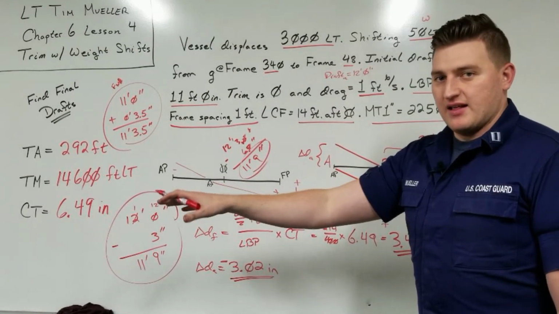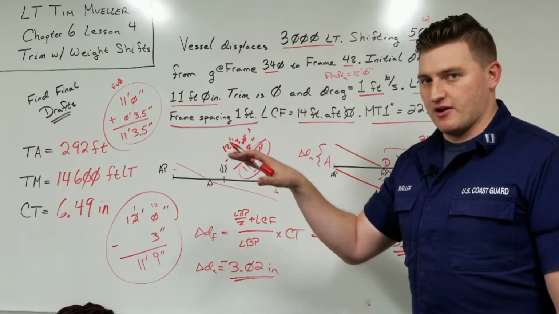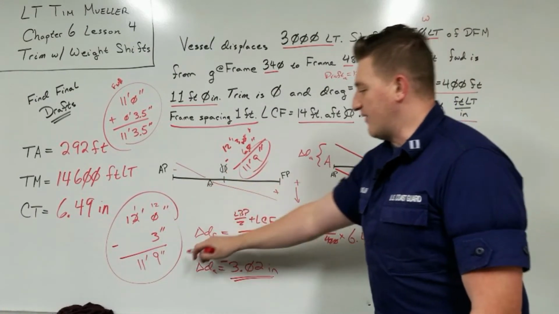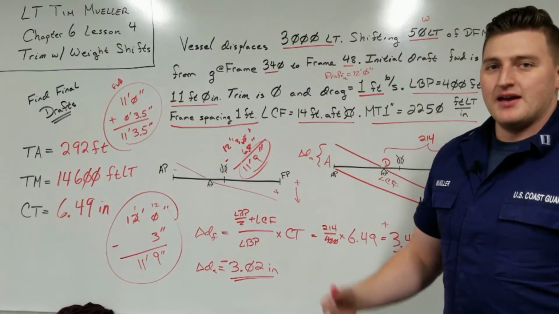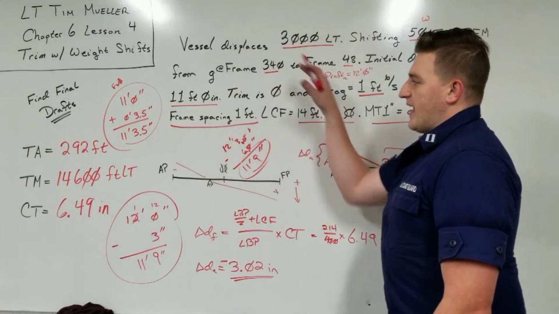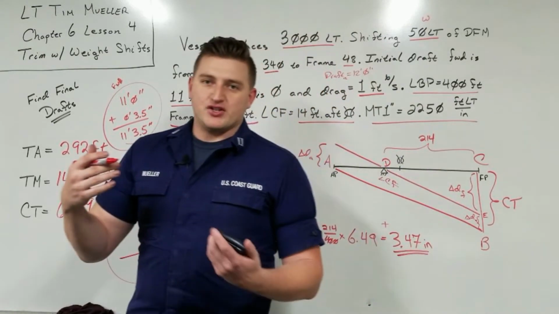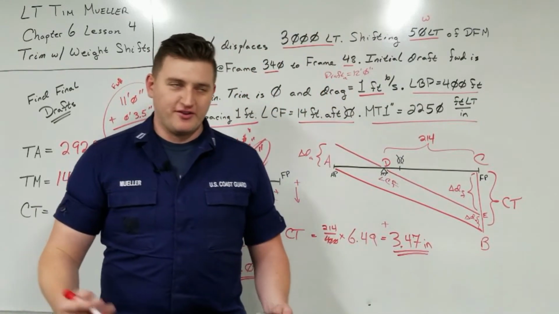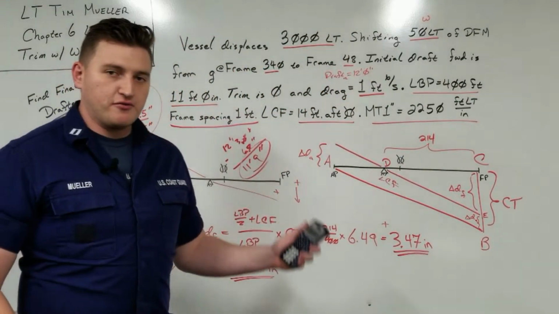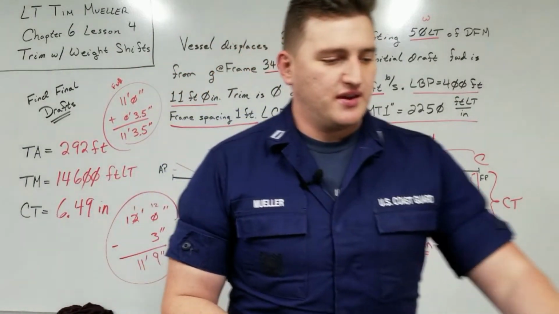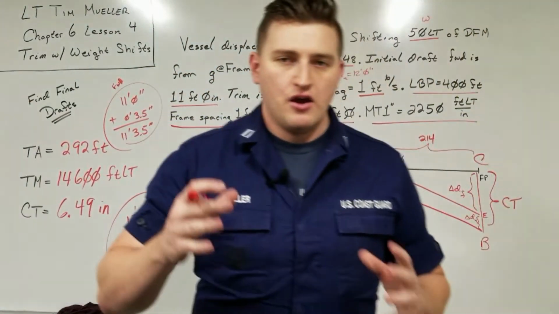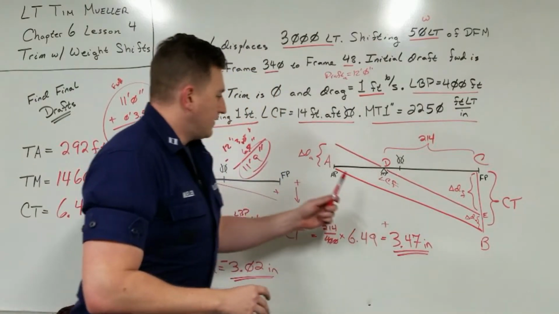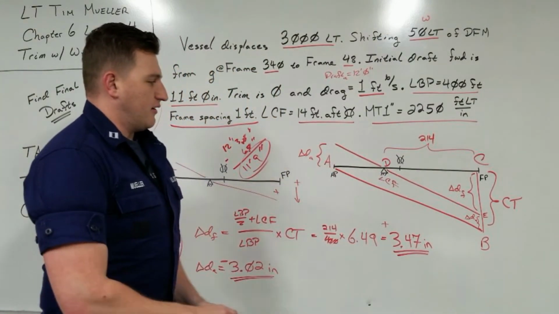from forward, apply our drag, then apply our change in trim from 0 to 6.5, and we get exactly what we needed to check our answer. So that is how you do a trim problem in relatively real time. Just go through the steps, and I would suggest if you don't fully understand where I was coming from, just think about this triangle here.